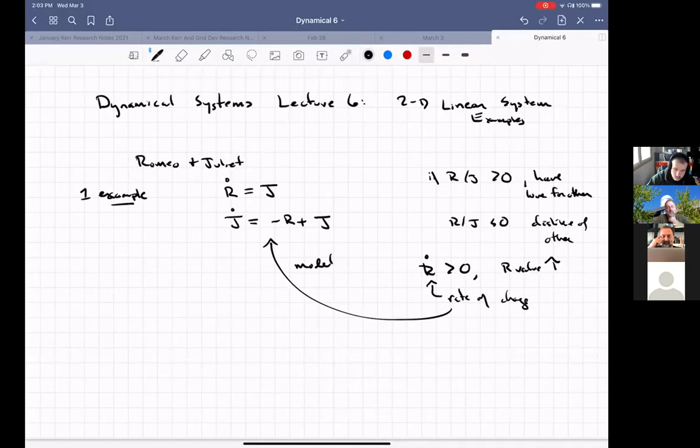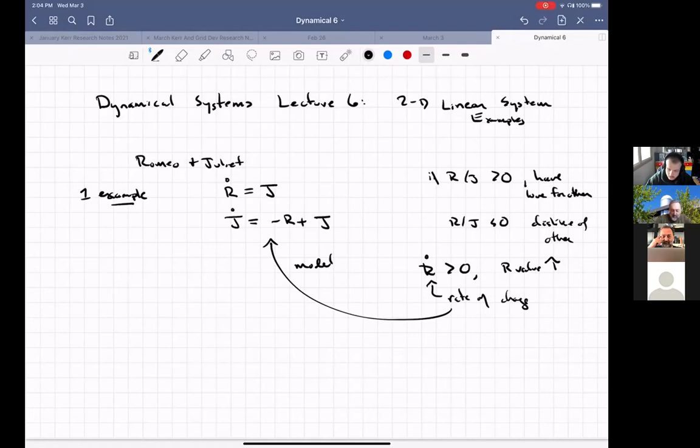So we're going to say this is a two-dimensional system between two people, and there are two quantities that matter: how much I like you and how much you like me, or how much Romeo likes Juliet and how much Juliet likes Romeo. And each one can respond in different ways to the others or their own feelings.